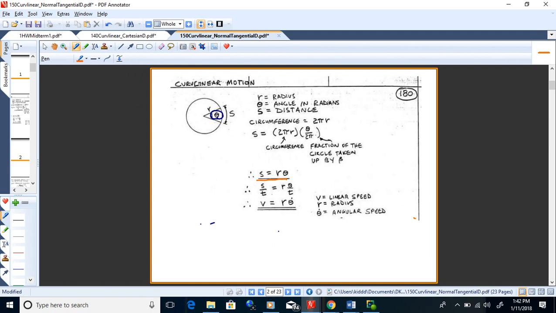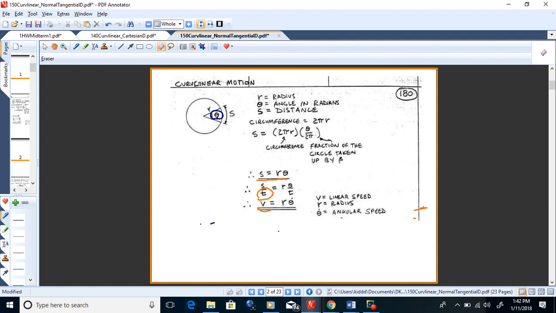And what you can do is take that a step further and look at something rotating around that arc at a certain time and divide both sides of the equation by t. What I'll get is S over t, which would be the speed of something going around that arc, so that would be the velocity, would equal r times theta over t, which is theta dot, which is the angular speed in radians per second.